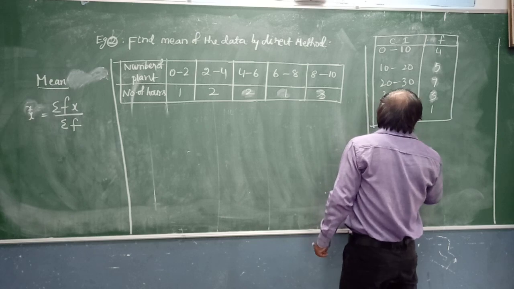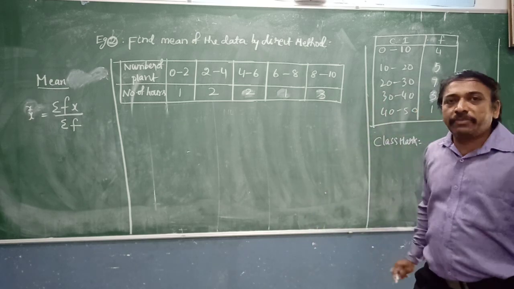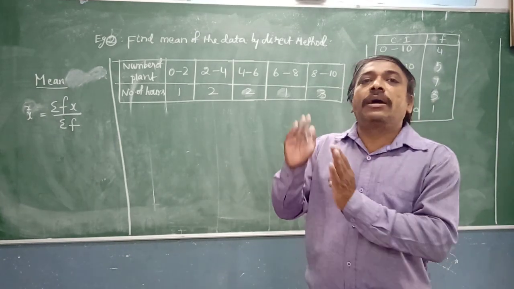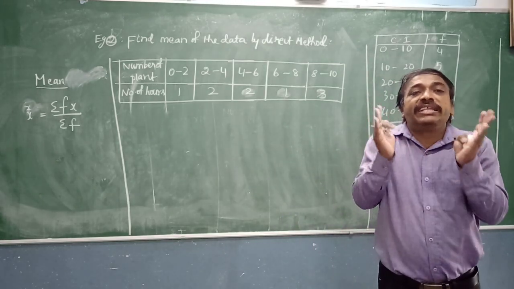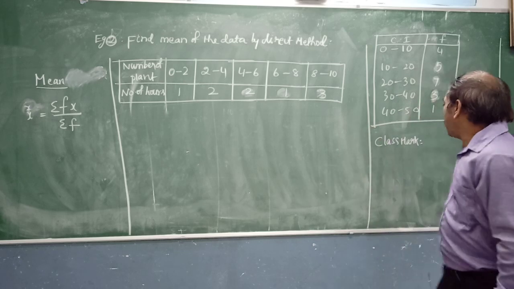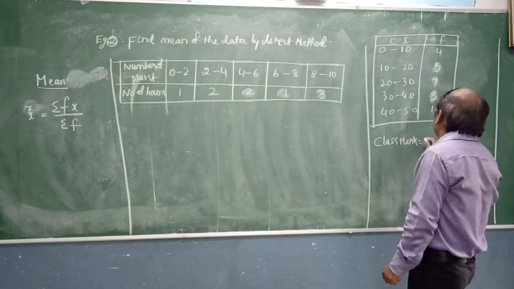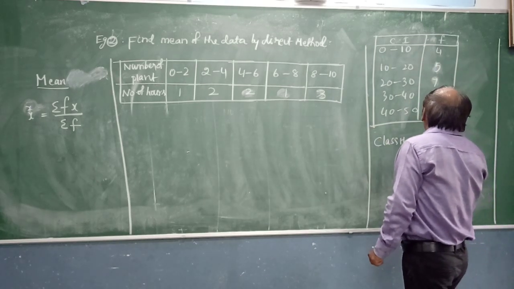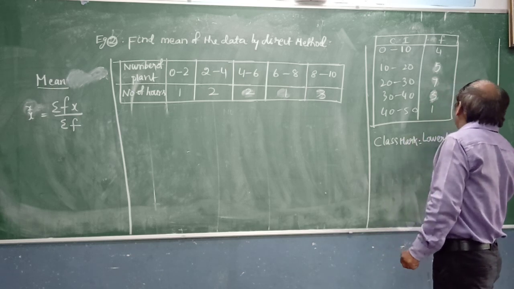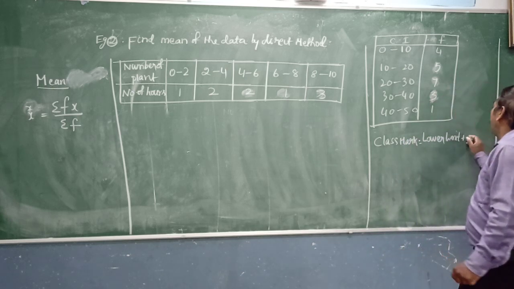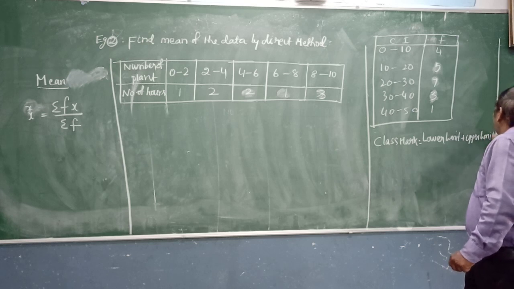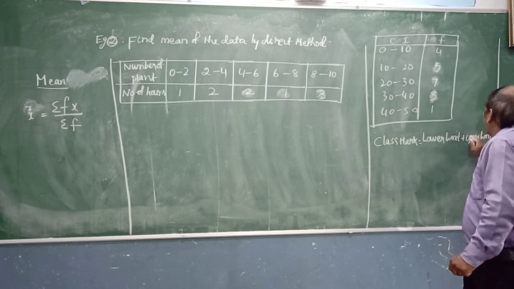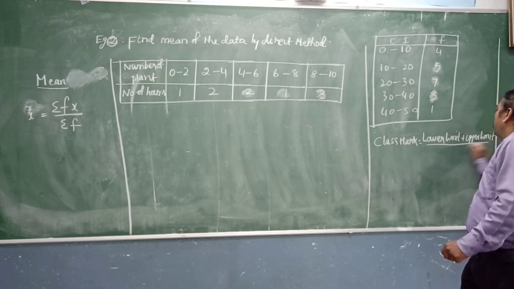How to obtain class mark? Lower limit plus upper limit by 2, the average of lower and upper limits. So class mark is lower limit plus upper limit by 2.